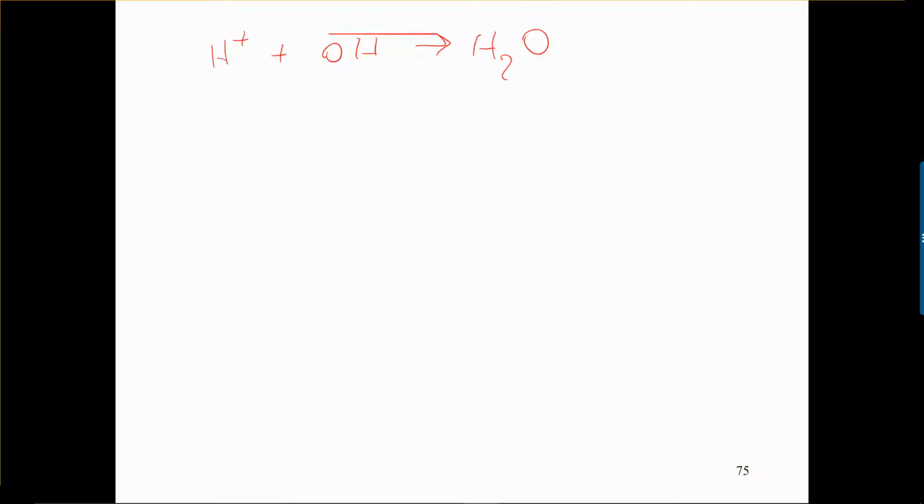The whole point of a titration, the reason it works so well, is because if I titrate an unknown acid with a known base, I can determine the moles of the acid because it will equal the moles of the base that I add, because they will react with each other to form water.